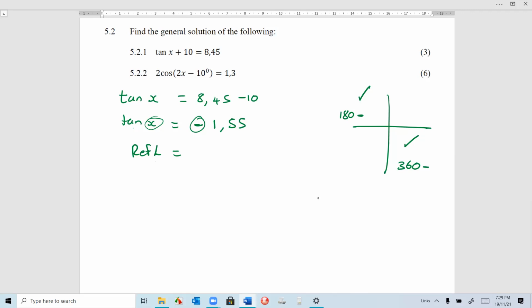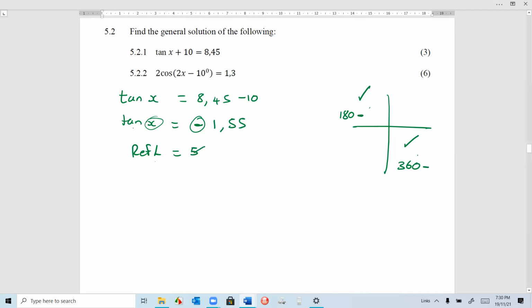But when you're getting a reference angle, you don't type in the negative. Your negative is to determine which quadrant. So you'll type shift tan 1.55. Can everyone type in shift tan 1.55? Somebody, give me an answer. 57.17, sir, to 2 decimal places.